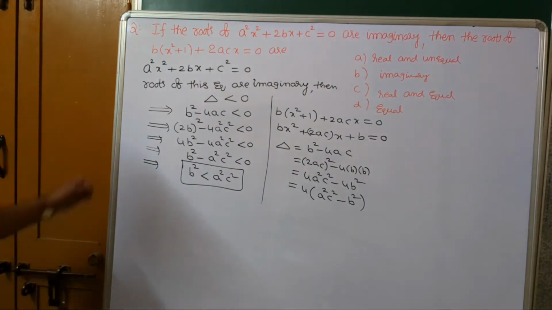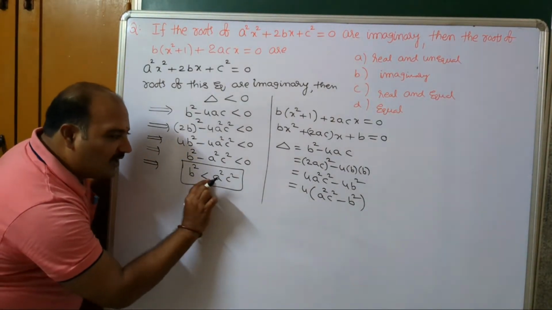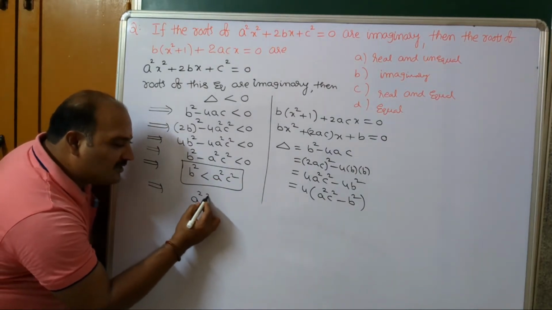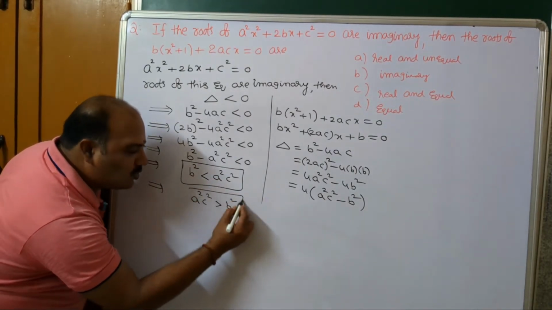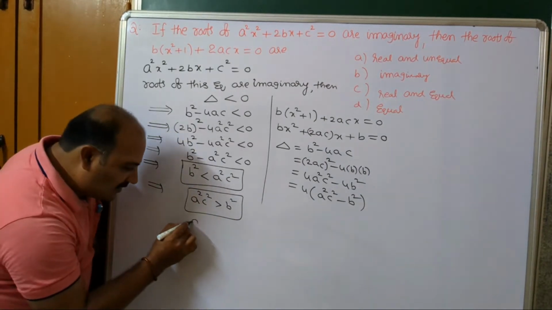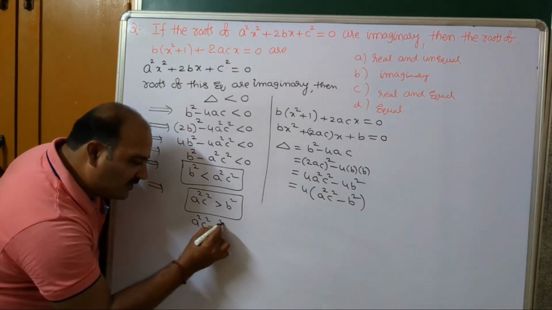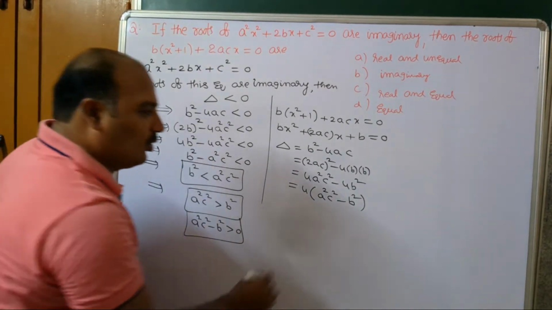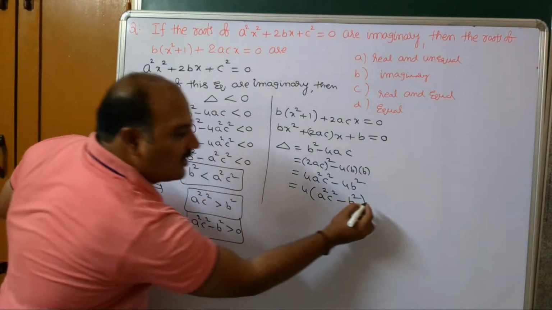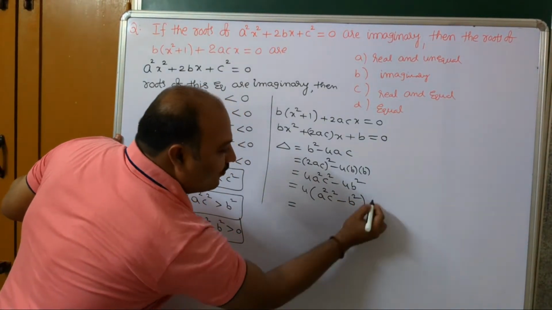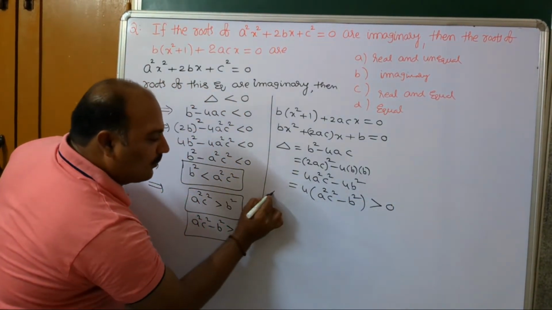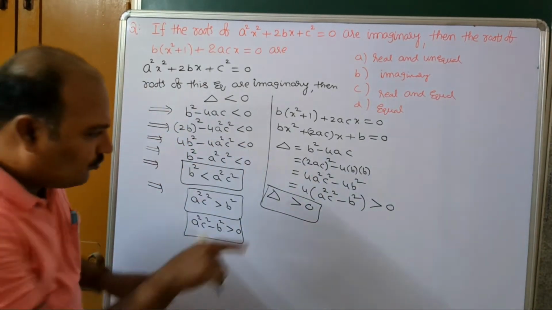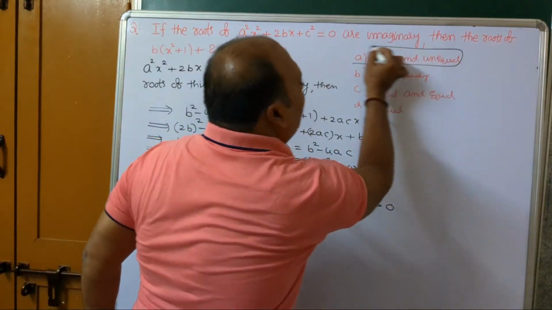b square is less than a square c square means a square c square is greater than b square only, no? That means a square c square minus b square is greater than 0. Greater than 0 is positive or negative? Positive. So this value is greater than 0. That implies the delta value is greater than 0. When will delta be greater than 0? When the roots are real and unequal.